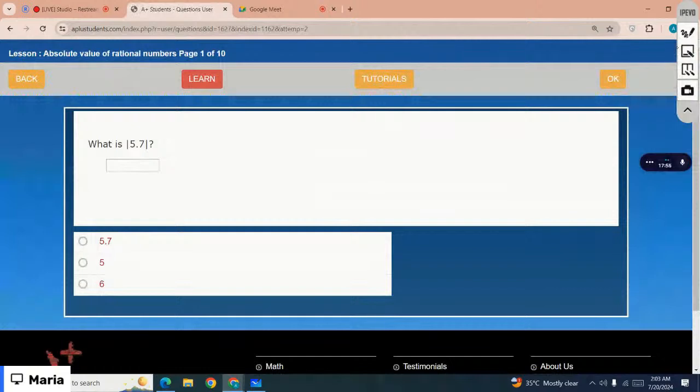Okay, the absolute value of 5.7. So 5.7 is already a positive number, right? Absolute value means positive value. So the correct option is 5.7. Got it?